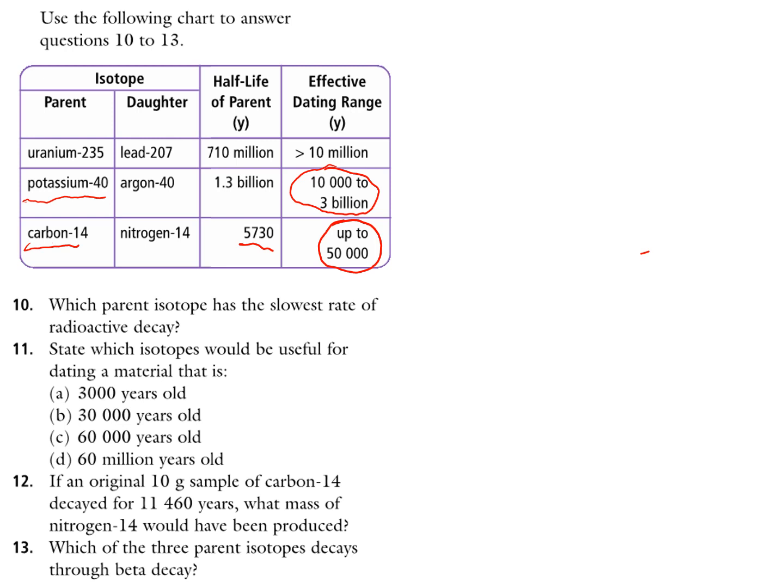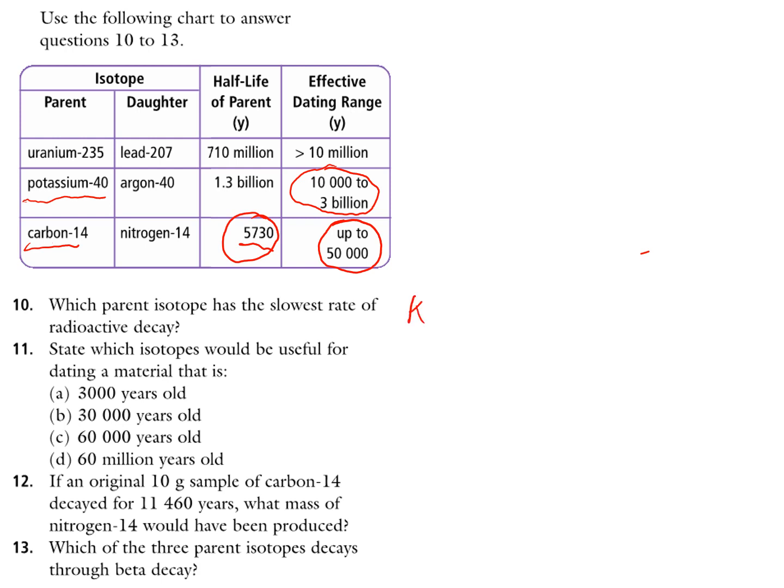Now, which parent isotope has the slowest rate of decay in the above? Well, even though 5,730 years is a really long time, it's very fast compared to these other ones. So the longest one is potassium.